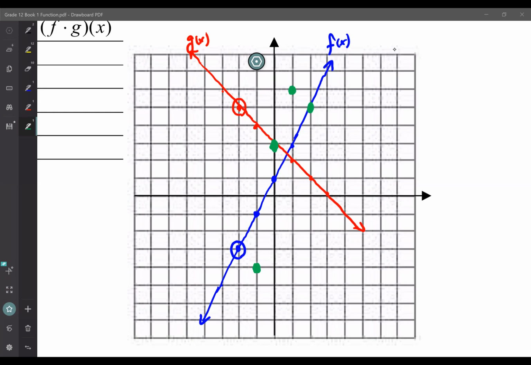Yeah, that one is off the graph. Try this one. Try x equal to 3. This one is the easy one. Where is the point?